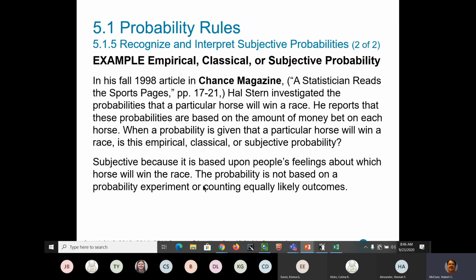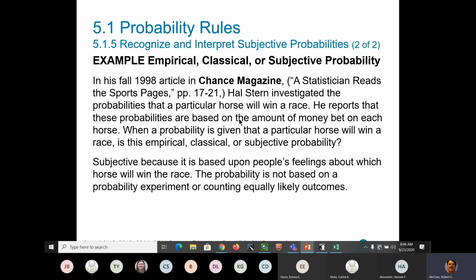It's not based on how many races they've won before, or how this horse did versus that horse in the past 5 races, who won the race between these 2 horses or between these 5 horses. You have to have an actual data point to be classical or empirical.